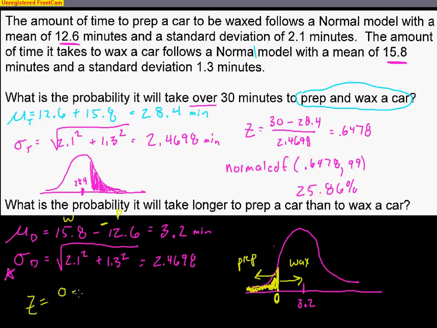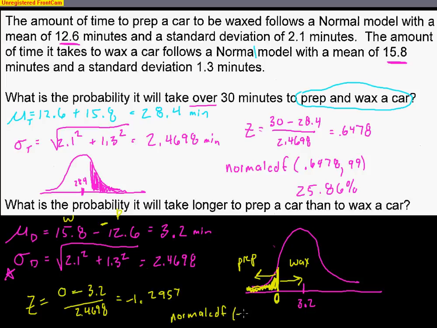So the key number here is 0. I need to find the z-score for 0. So I'm going to subtract 3.2 and divide by 2.4698. That is negative 3.2 divided by 2.4698, which is a z-score of negative 1.2957. And I need to use my normal CDF.